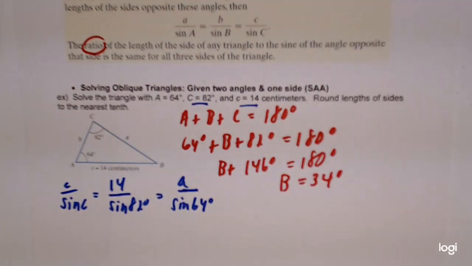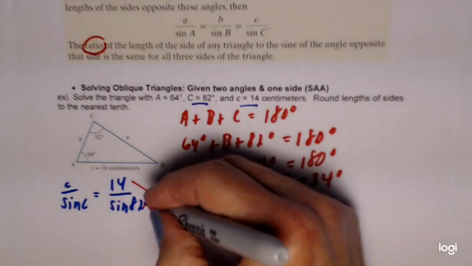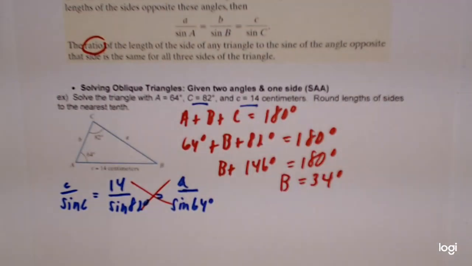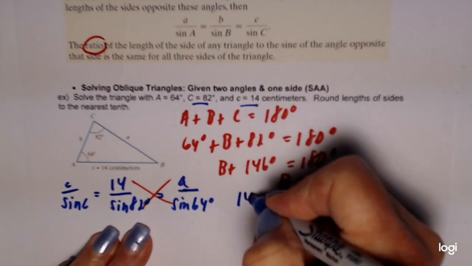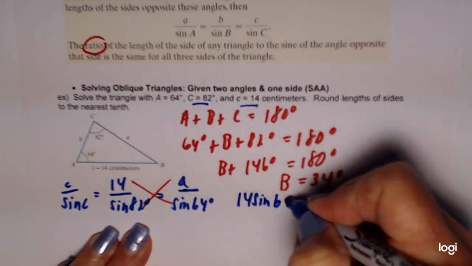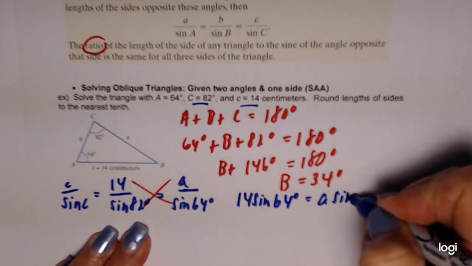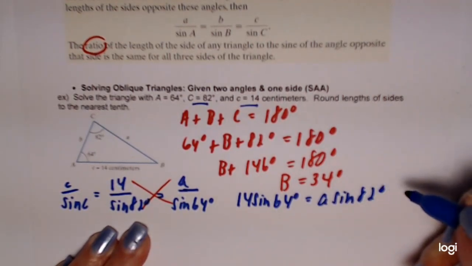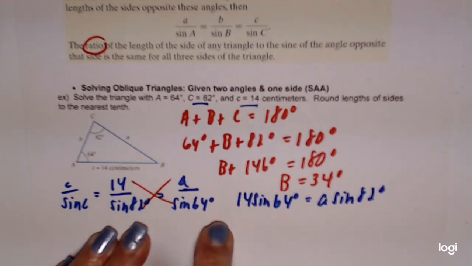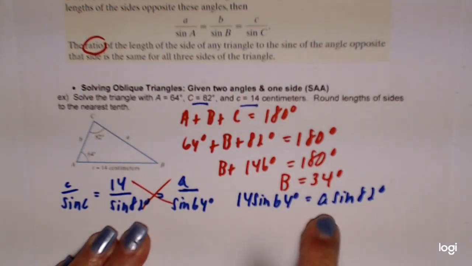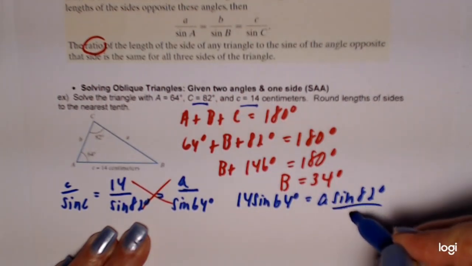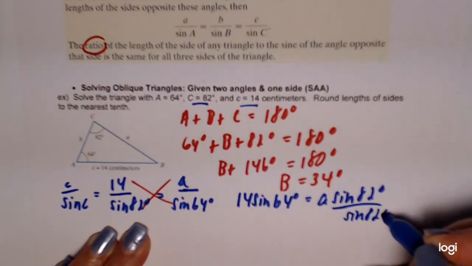To solve these, we can do a cross multiplication like this. And so what we have is 14 times the sine of 64 degrees is equal to A times the sine of 82 degrees. Now, to solve for A, I'm going to divide both sides by the sine of 82 degrees.